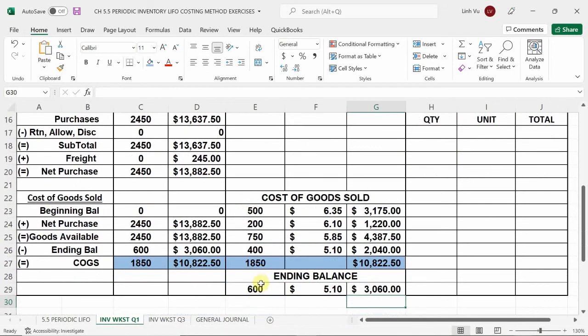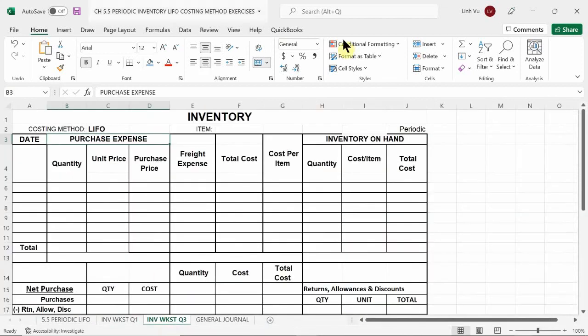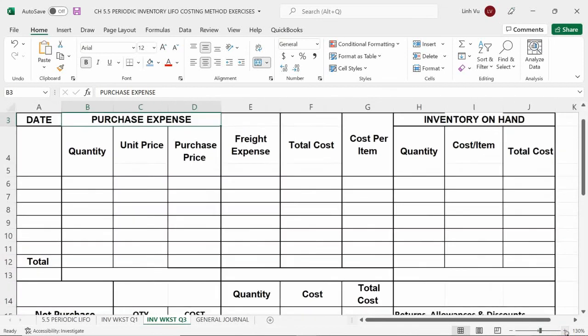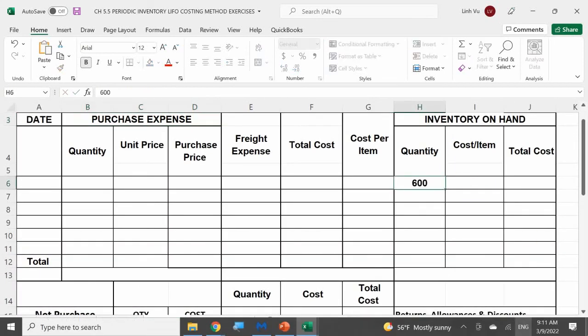My ending inventory was 600 units at $5.10 each, giving us a grand total of $3,060. So I'm going to take that information and put it in my inventory on hand section, because this is my beginning inventory, at $5.10 giving me this.